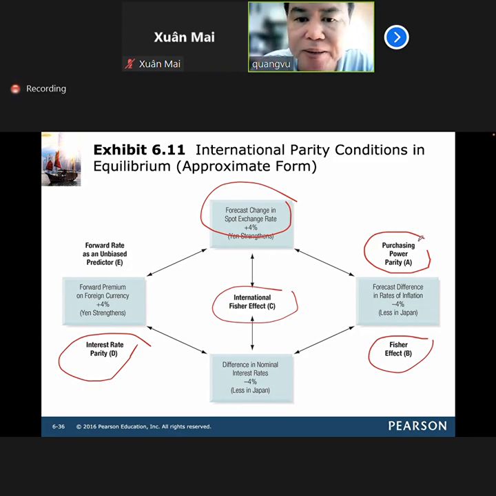Implicitly, you should infer that the exchange rate between US dollar and Vietnam dong should be 24,000 Vietnam dong for $1.